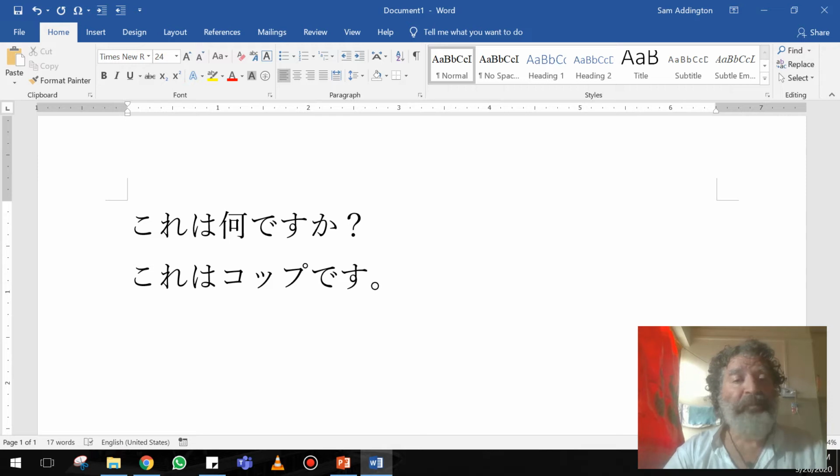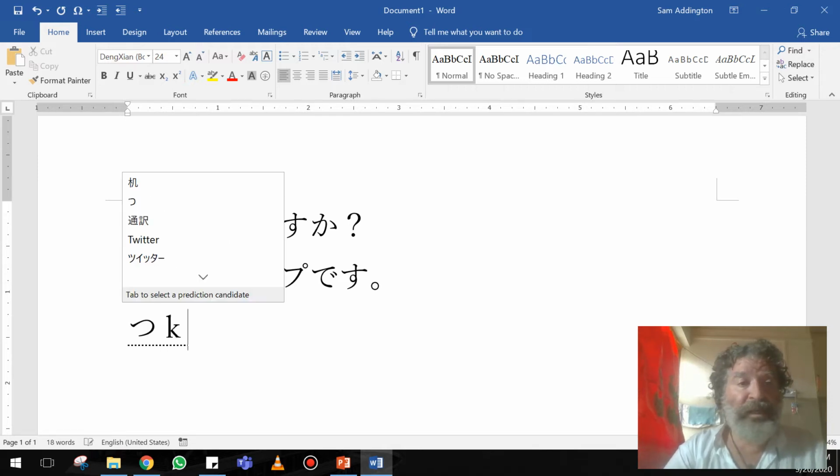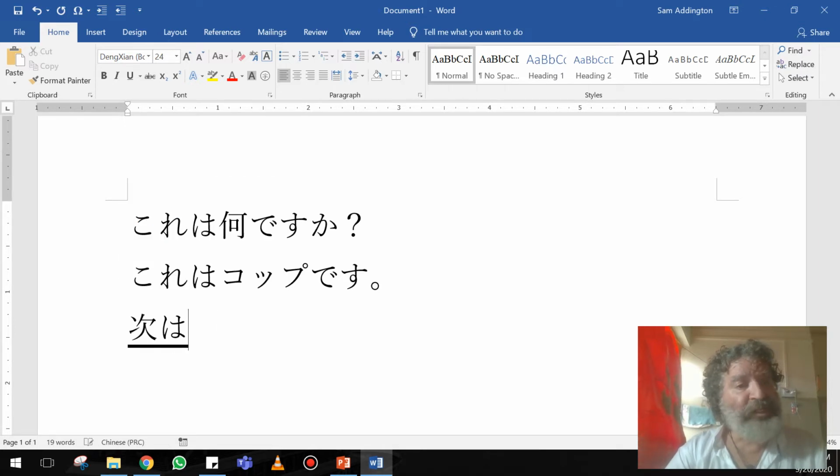じゃあ次は。And look, I have a choice to do a kanji. And that kanji is acceptable.